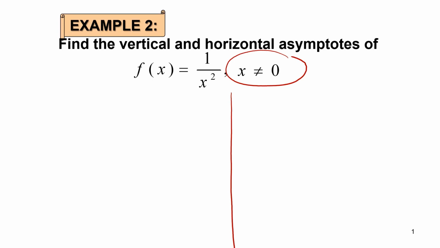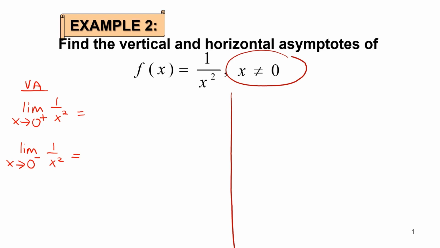Now, how do we find the vertical asymptote? We test the limit for the function 1 over x squared when x tends to 0 from the right, and the limit of 1 over x squared when x tends to 0 from the left. We do direct substitution for both limits.